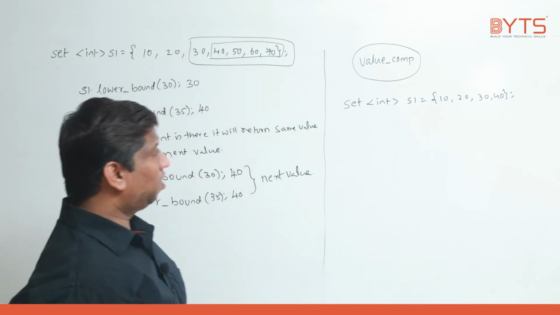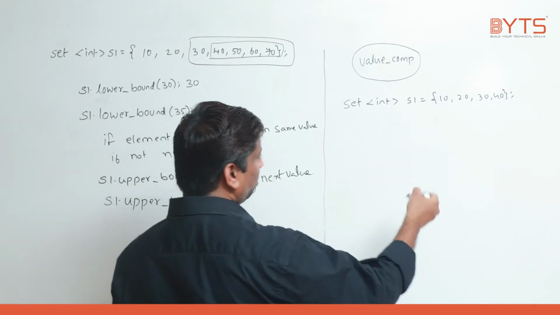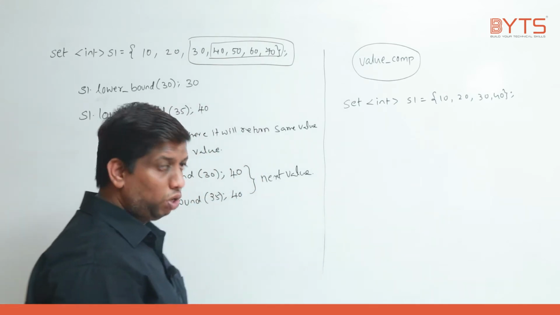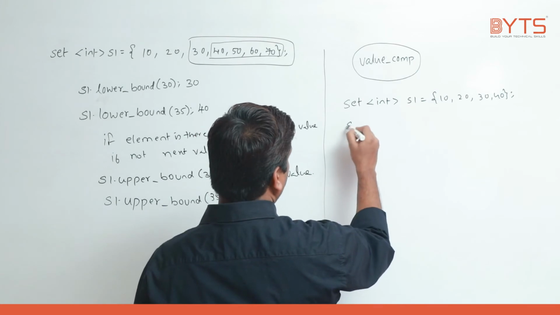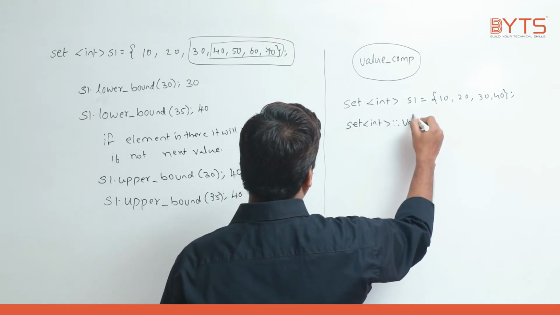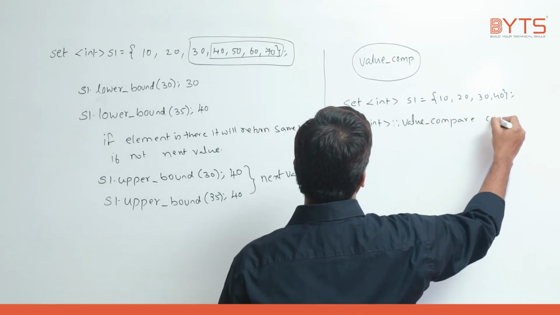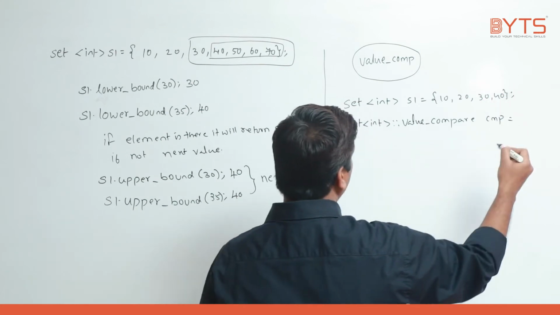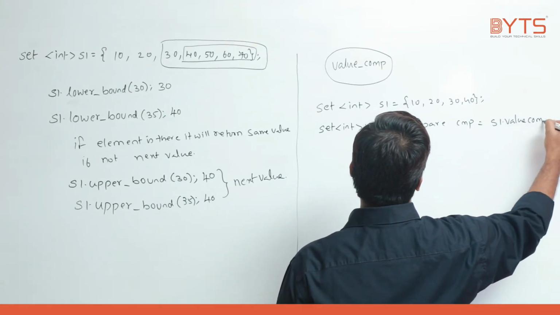I hope this is very clear. Now, what I am trying to do, see here, we need to create a comparison object for comparing a value, right? How do I create a comparison object is here: set int value underscore compare and the object name is CMP is equal to S1 dot value underscore compare.